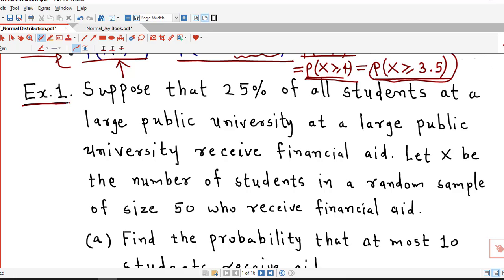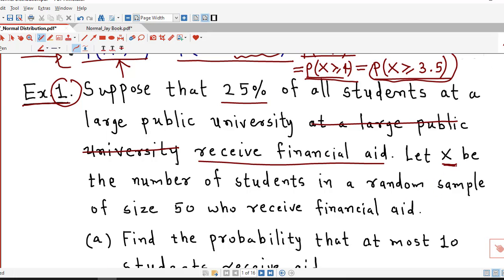So we start with example number 1. Suppose that 25% of all students at a large public university receive financial aid.